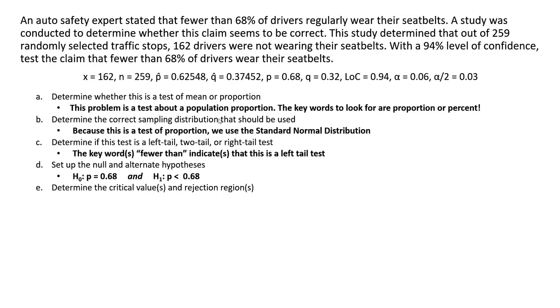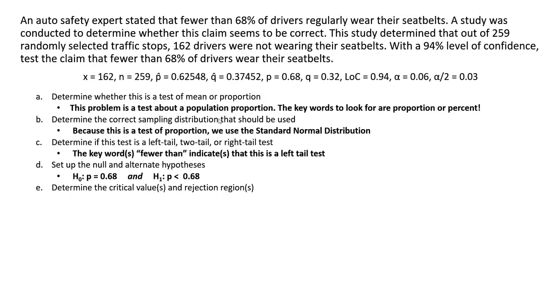Critical values are determined by the level of confidence or the level of significance. Again, they're pretty much just complements of one another. And the correct sampling distribution. We have used the correct sampling distribution for this previously, and it's on a spreadsheet, the norm.s.inv.